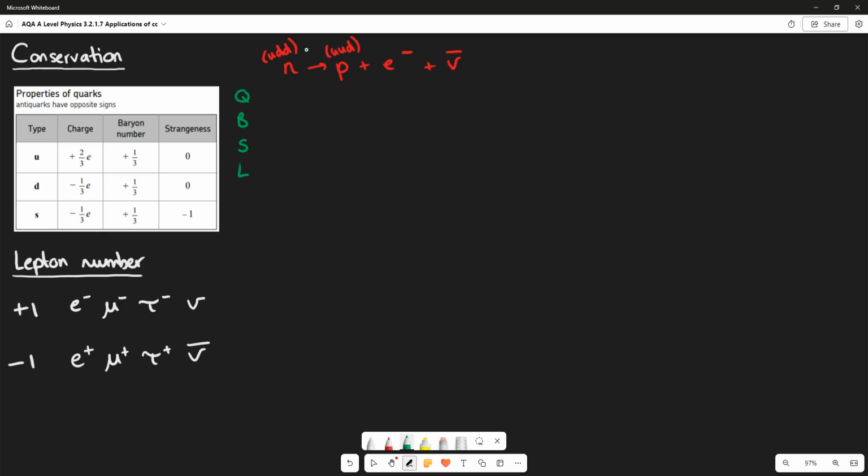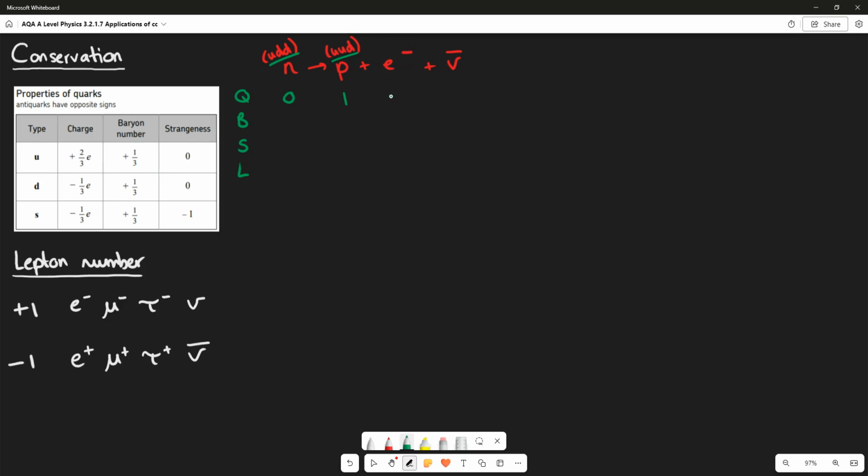Let's check whether these properties are conserved. Okay. So we know that a neutron has 0 charge. We can prove it by having a look at the quarks. 1 up and 2 downs: plus 2/3, take away 1/3, take away another third for the second down, and that gives you a charge of 0. The proton we know has a charge of 1: an up, an up and a down. Add 2 of them, add 1 of them, and you get 1.